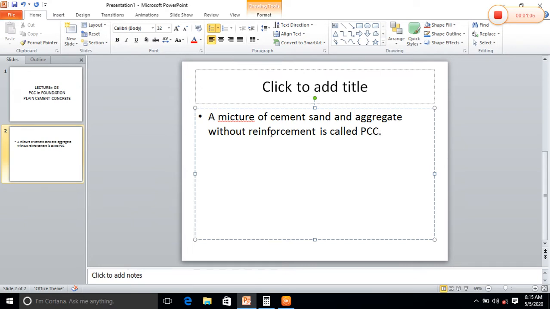A mixture of cement, sand, aggregate without reinforcement is called PCC.